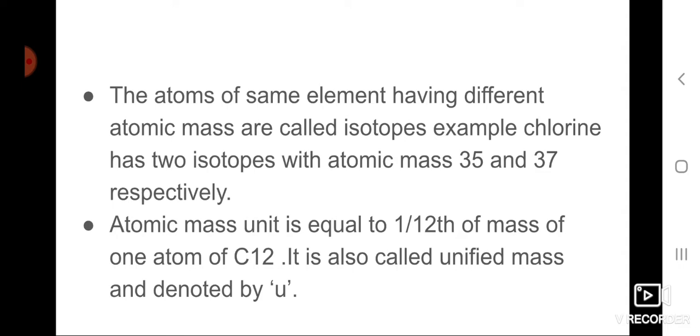Atomic mass of an element is designated as capital A. Since atomic mass is actual mass, hence it has the unit of mass, whether gram, kilogram, atomic mass unit, etc. The accepted unit for describing atomic mass is atomic mass unit. The average mass of an atom of any element in atomic mass unit is called its atomic mass.